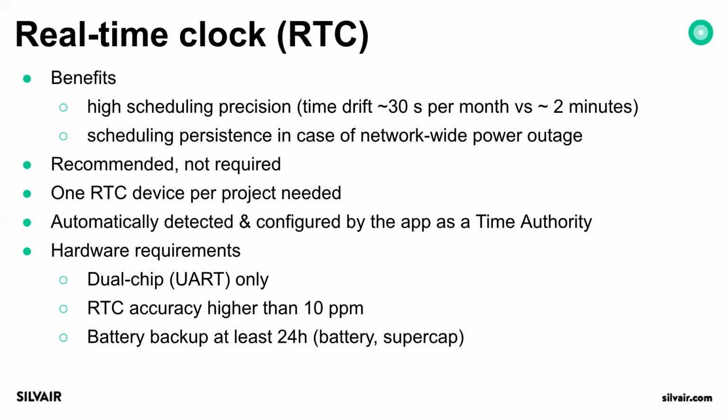One of them is to incorporate a real-time clock module with accuracy higher than 10 ppm and a battery backup that can hold the time for at least 24 hours.